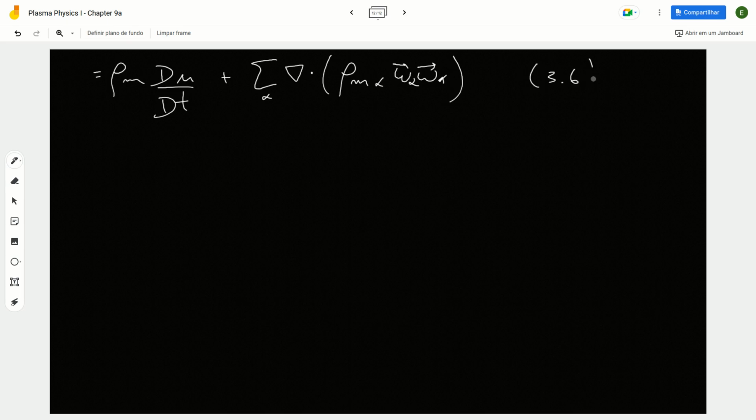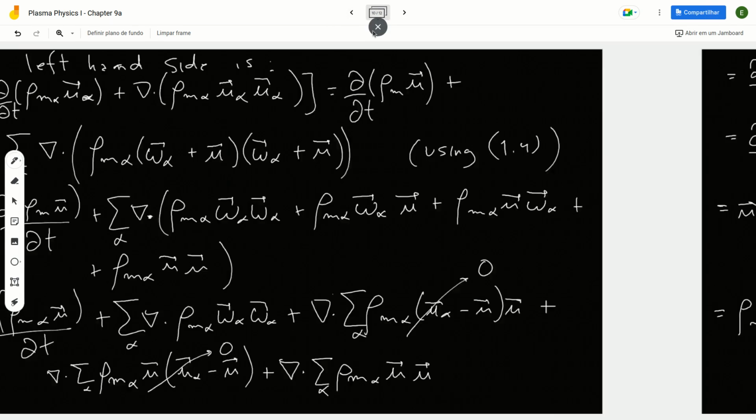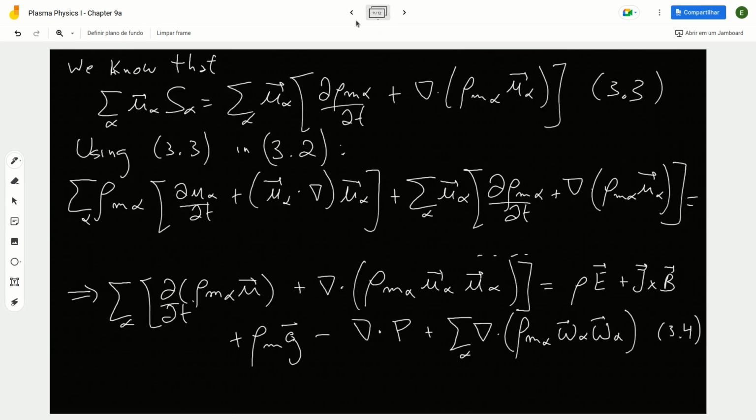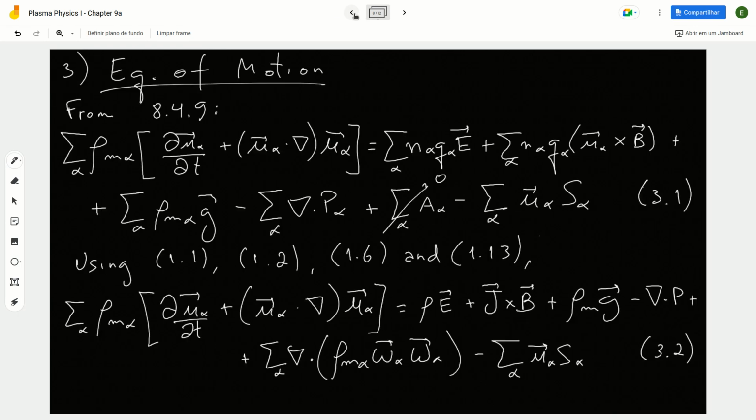3.6. Now we can use 3.6 into 3 point, where is it? I think it's 3.2. Yeah, 3.2.